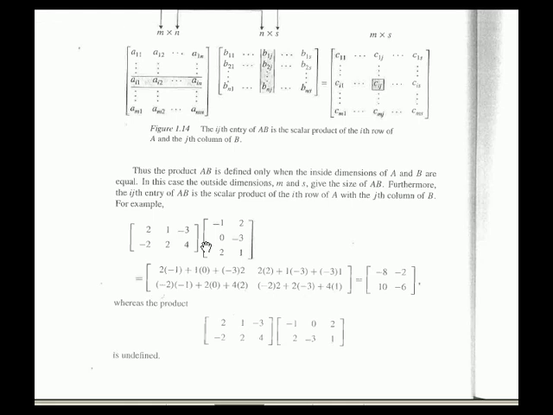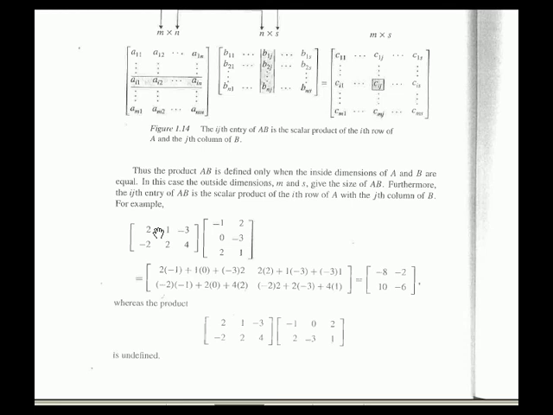For example, if we multiply these two matrices, we can multiply them because the number of columns of the first matrix is equal to the number of rows of the second one. So if you take the dot product of rows with columns, you can do that. The element in the first row, first column of the product is the dot product of the first row with the first column.